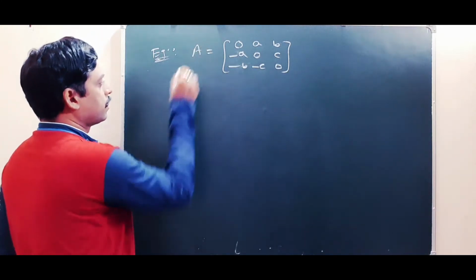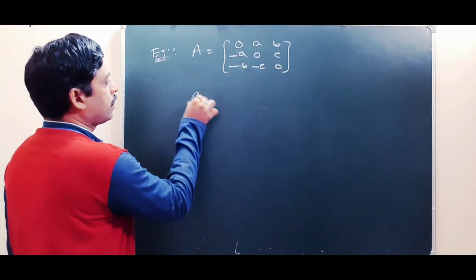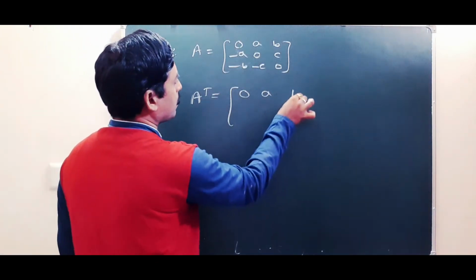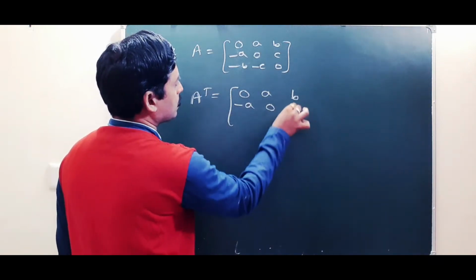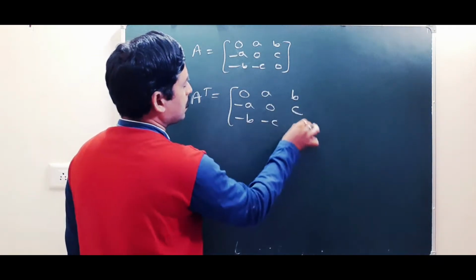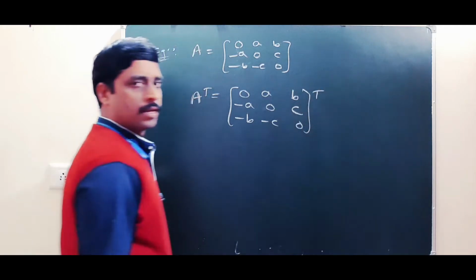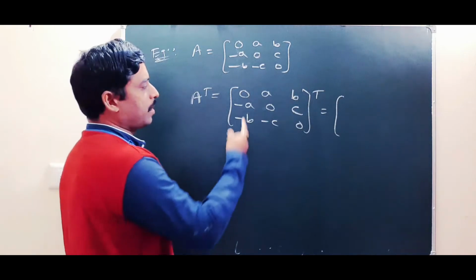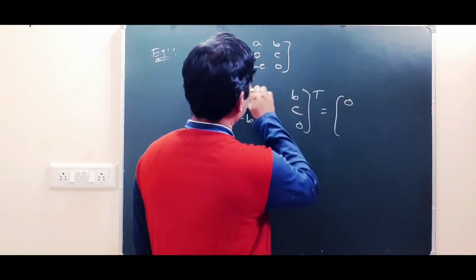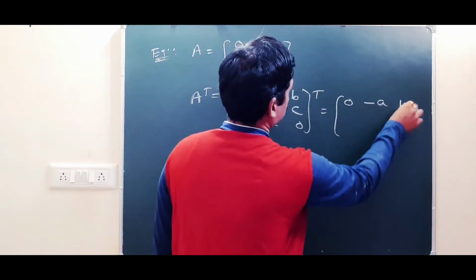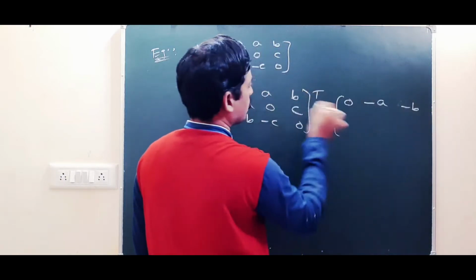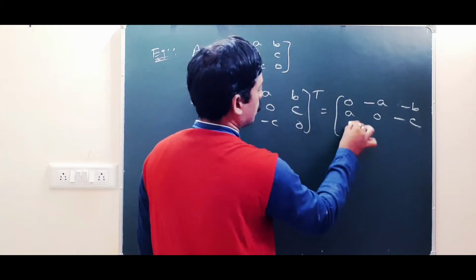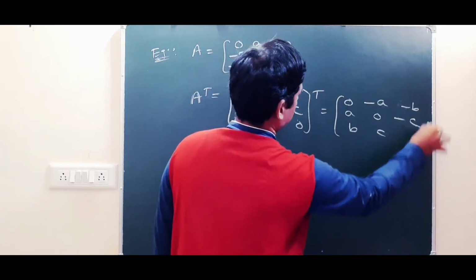Now let us explain. Taking transpose on both sides, A transpose equal to the transpose of the matrix [0 a b; minus a 0 c; minus b minus c 0]. The first column becomes the first row, the second column becomes the second row, and the third column becomes the third row.